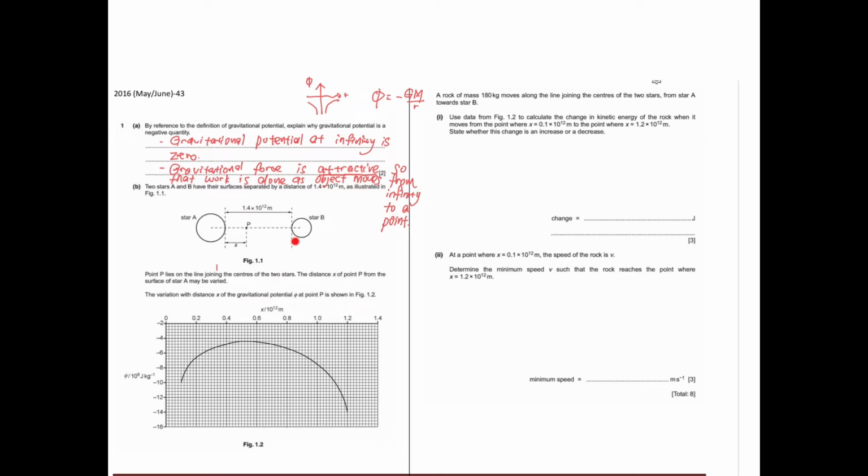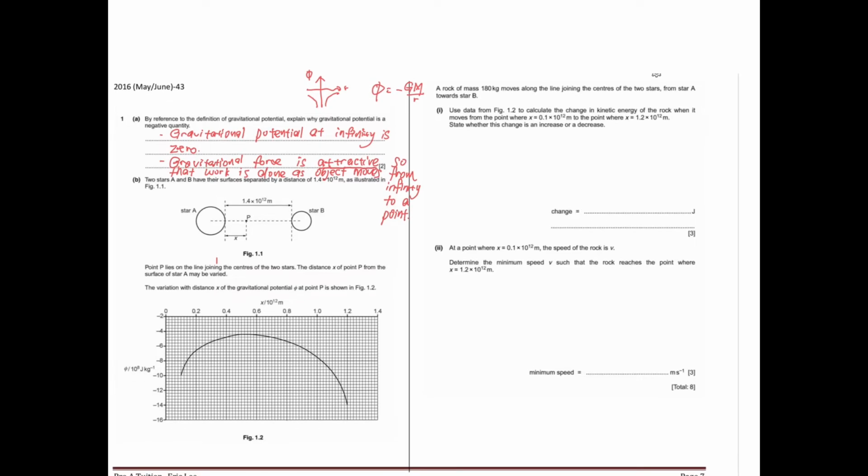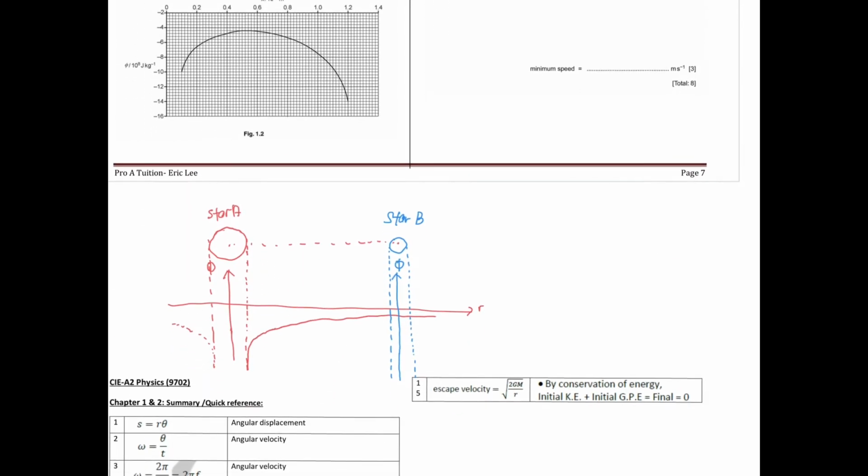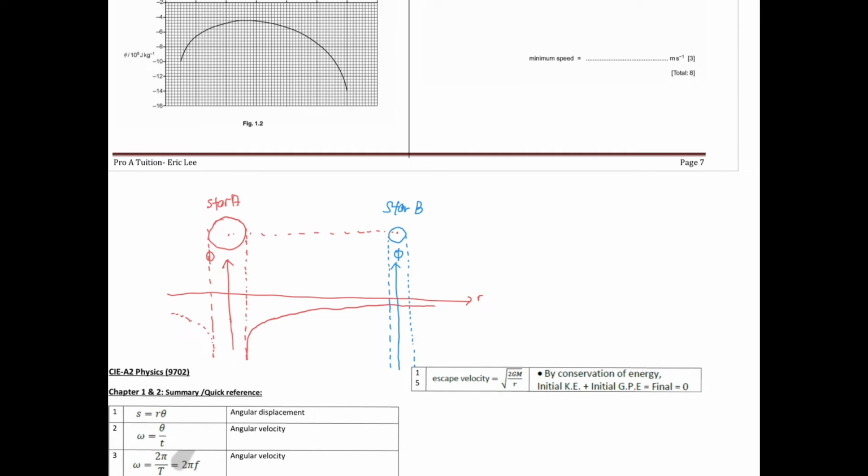We want to care about the left hand side of star B, so I will put it in blue color. As you can see, the graph is going to be like this, in blue color.